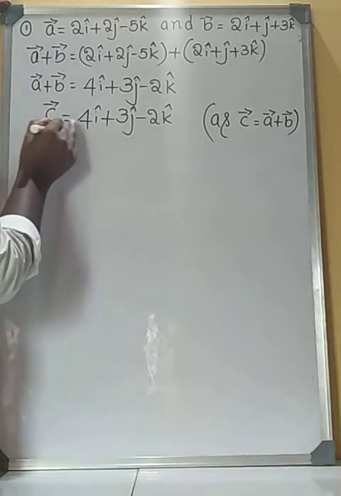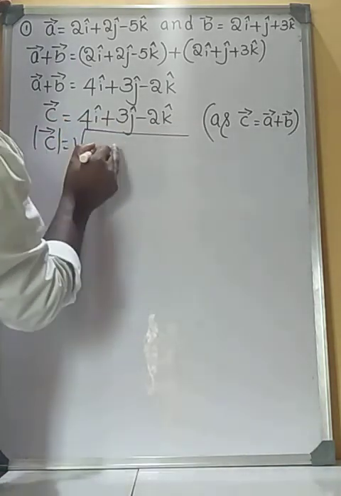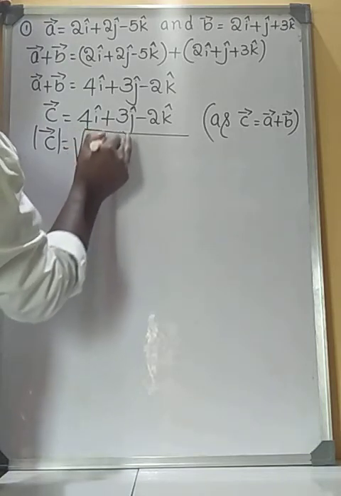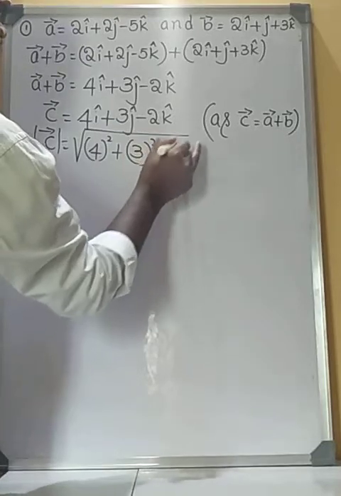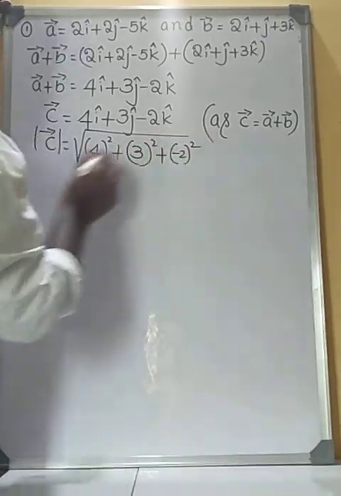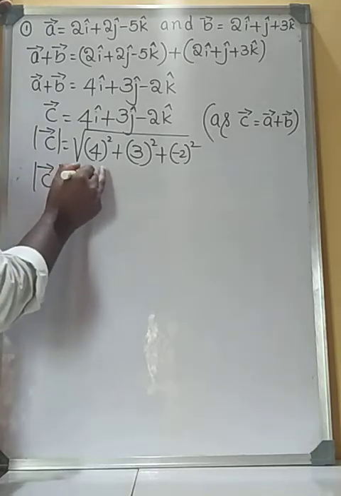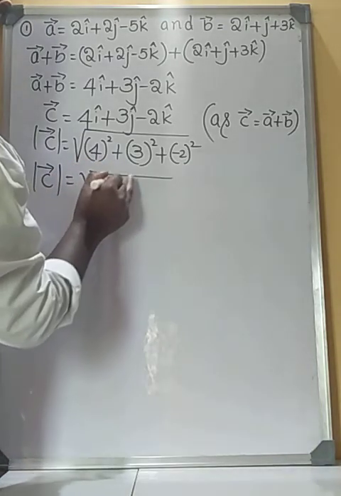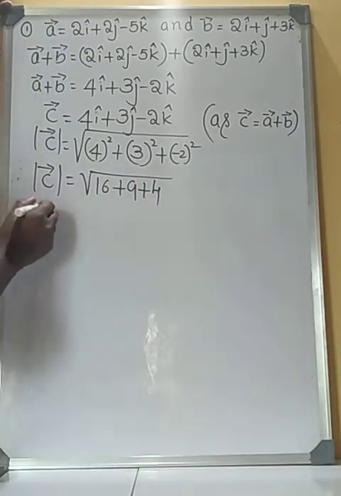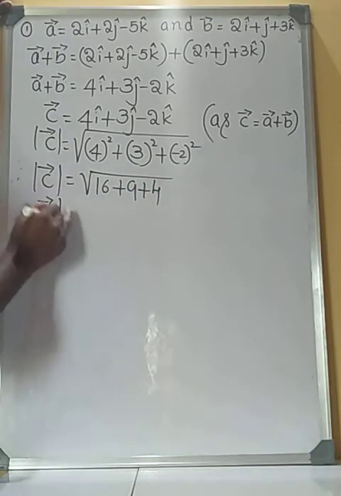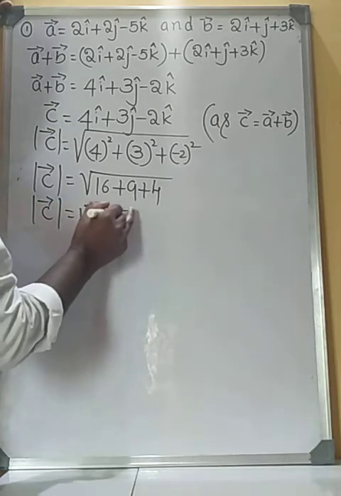Now find the magnitude of vector C, which is the root of 4 square plus 3 square plus minus 2 square. Therefore, the magnitude of C vector is root of 16 plus 9 plus 4, which is root of 29.